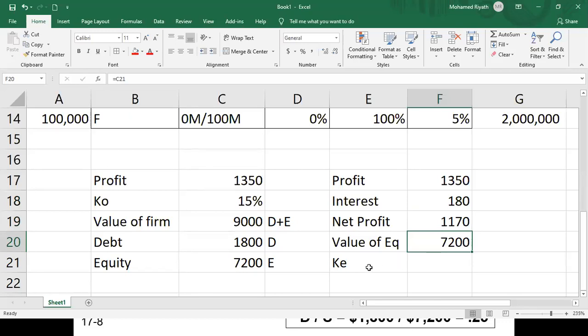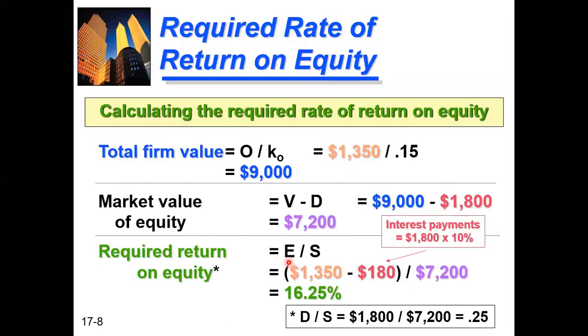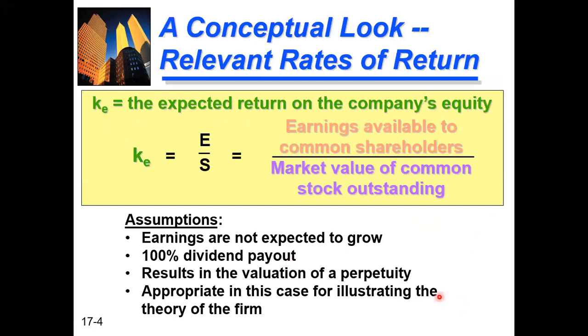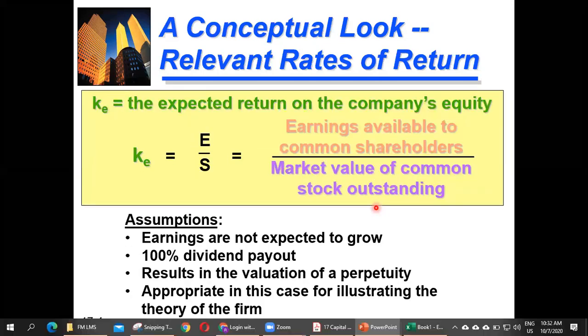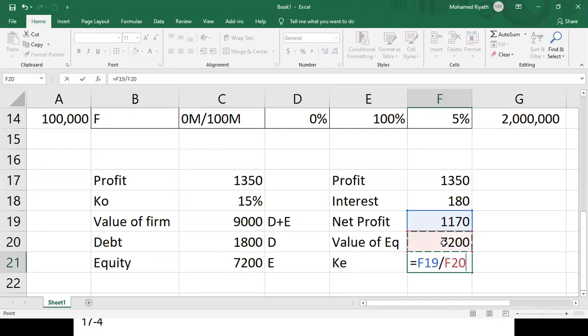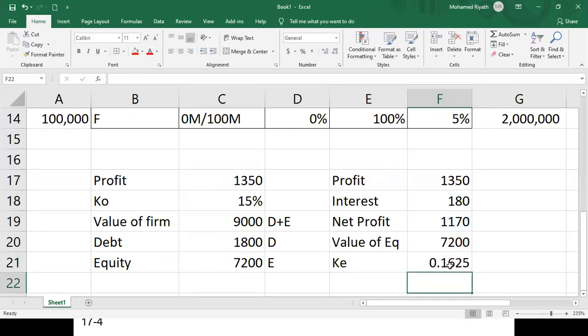So how do we calculate cost of equity? Cost of equity equals earnings available to common shareholders divided by the market value of common stock outstanding, right? Cost of equity equals net profit belonging to common shareholders divided by market value of equity. Now what is the cost of equity?